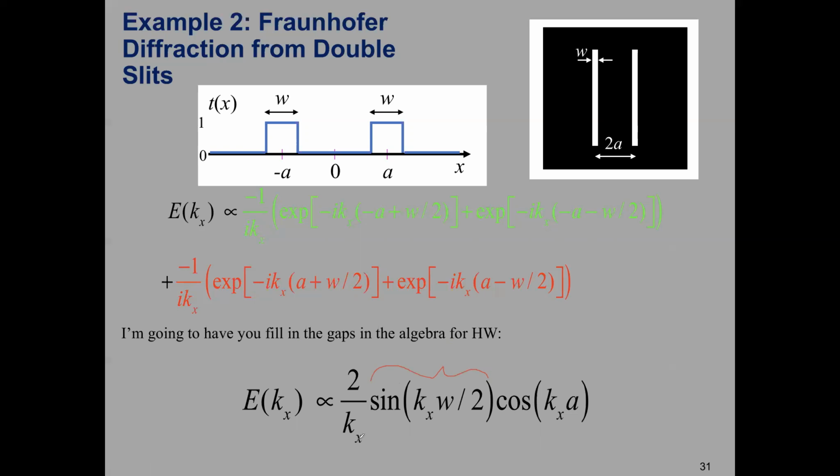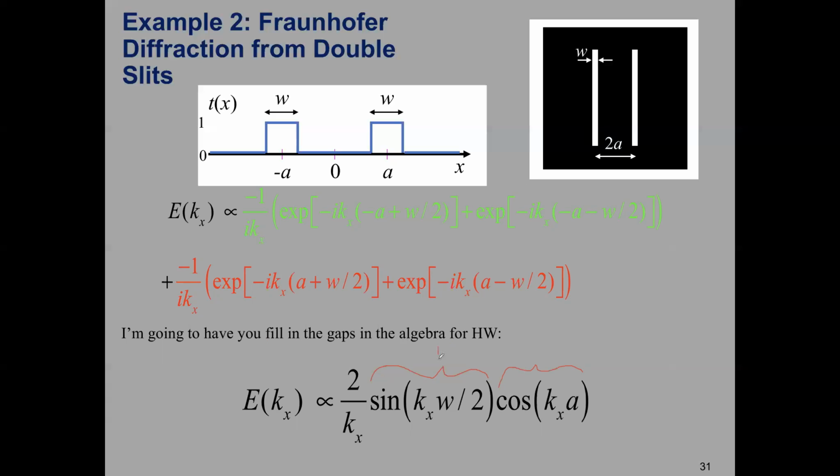So we have our single slit aperture pattern appearing, with the exception of this new cosine term. You can imagine this first term as describing light diffracting through one of these slits and causing a single slit diffraction pattern.